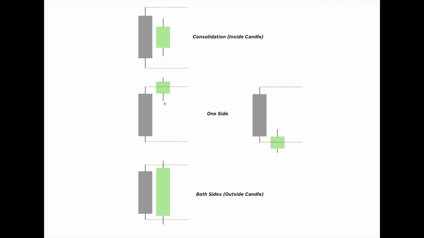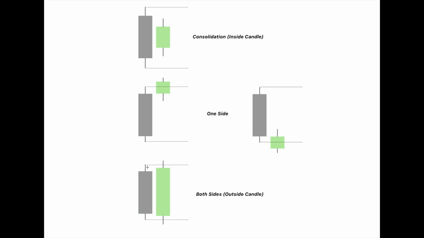So it shows you that it's going in one direction, and that's to the upside. And in this example here, it's just vice versa. It's closed below this candle's low, or closed below sell side, to show you that it wants to move lower, to the downside direction.